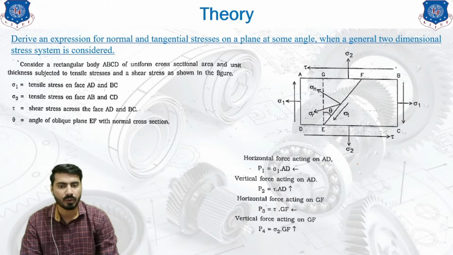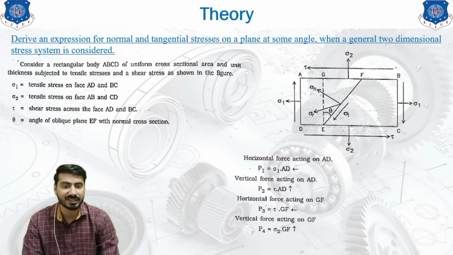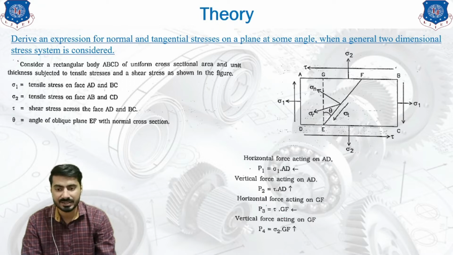First of all, we are going to find out the horizontal force acting on the AD. Now what is AD? AD is nothing but a vertical face that you can see over here. This is our vertical face AD. Now we need to find out the horizontal force acting on the AD face.